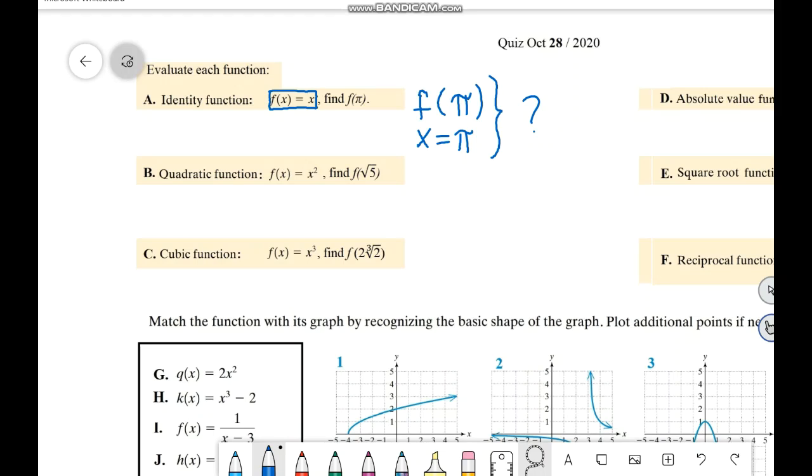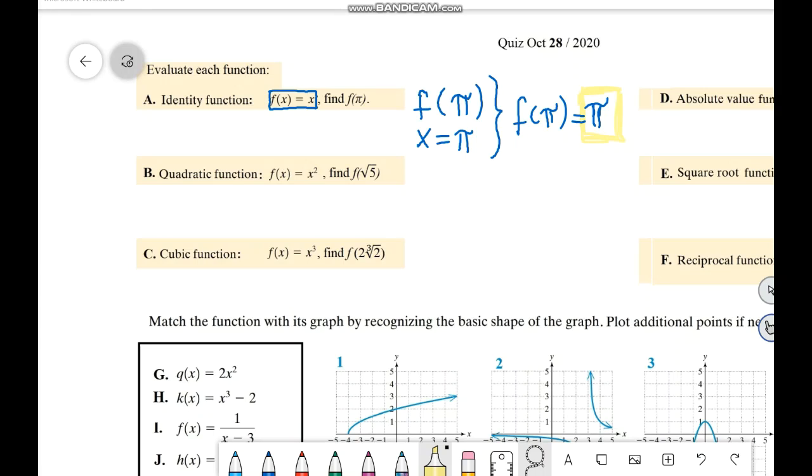That means f of x equals x. The answer here is f of pi equals x, x equals pi. Pi. That's it. Pretty simple. Pi is the right answer.